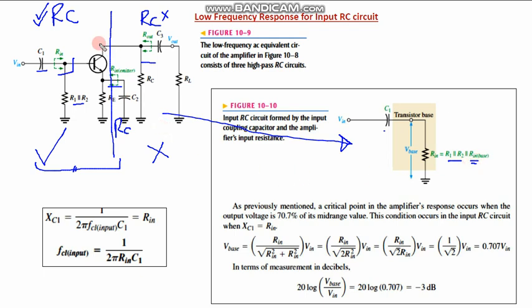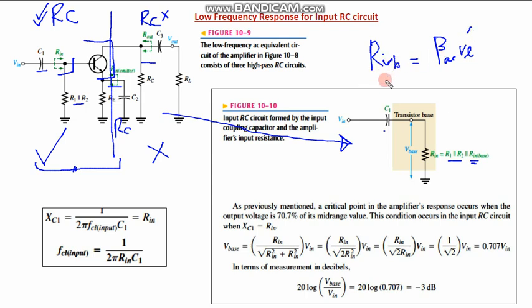We studied that this amplifier can be represented by its equivalent resistance, known as R in at the base, R in B. And do you remember it was beta AC times R E prime.